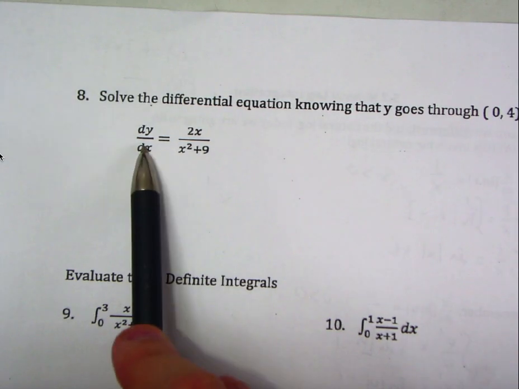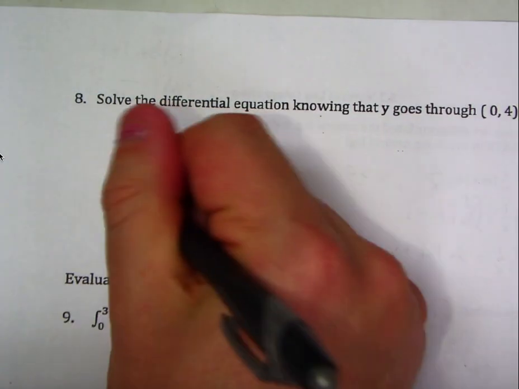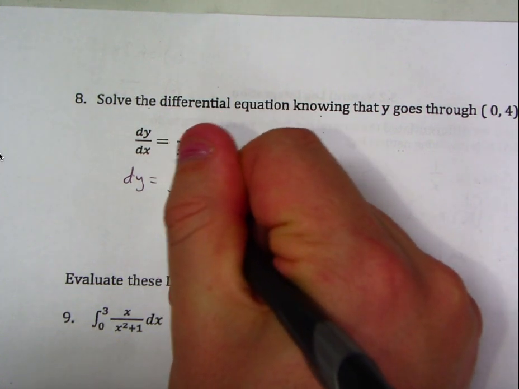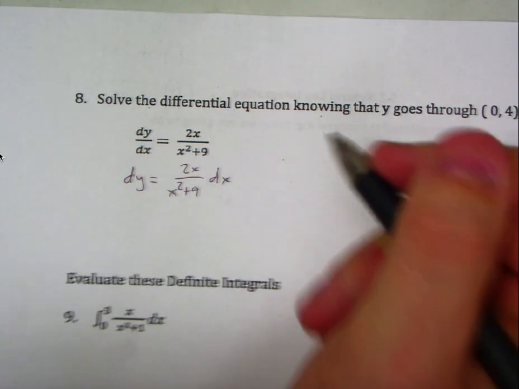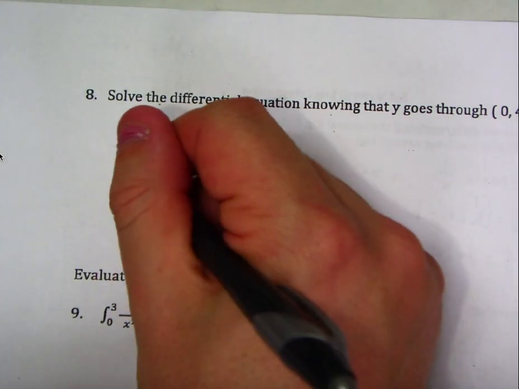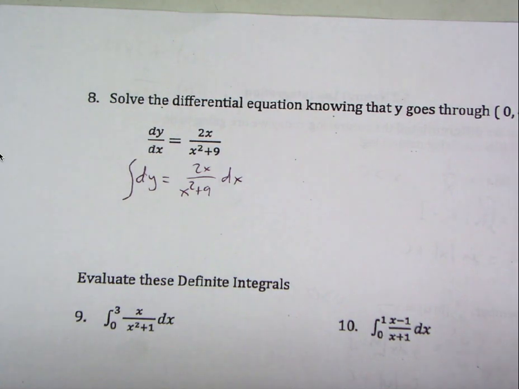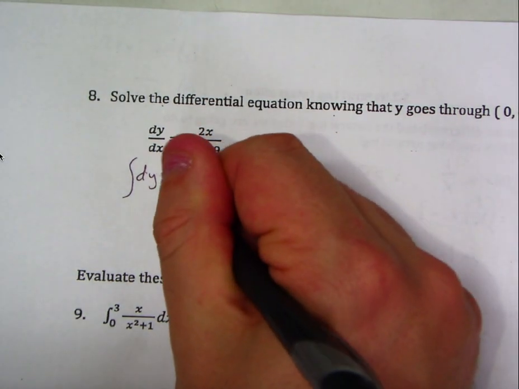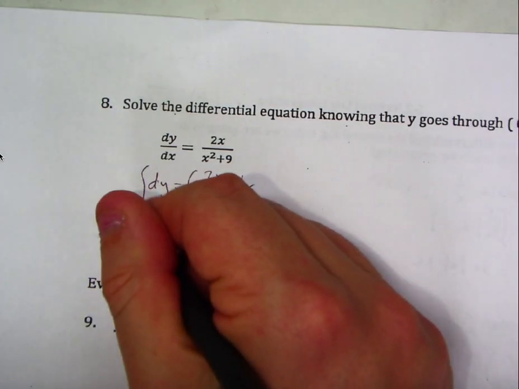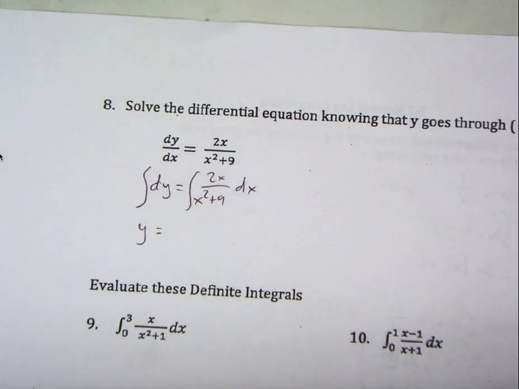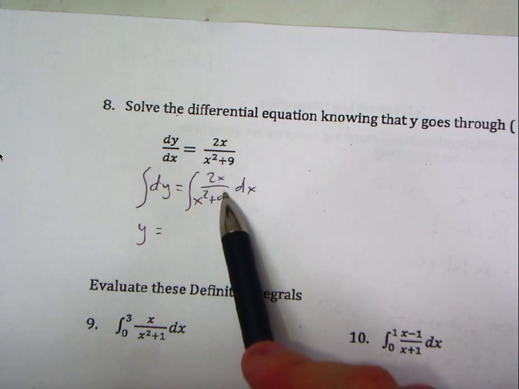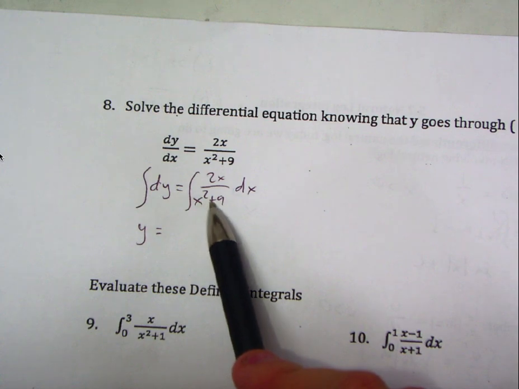So we are going to move the dx over. So dy equals 2x over x squared plus 9 dx. Next step, integrate both sides. We're trying to go backwards to find y. That's what we're after. So we get y on the left side equals. And then over here, we have to integrate, and notice we have a u substitution candidate. We're going to have u be the denominator.